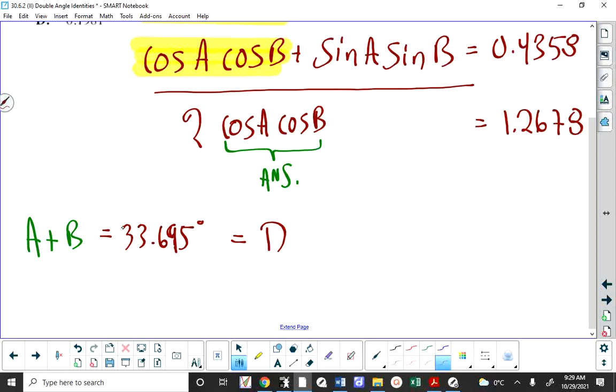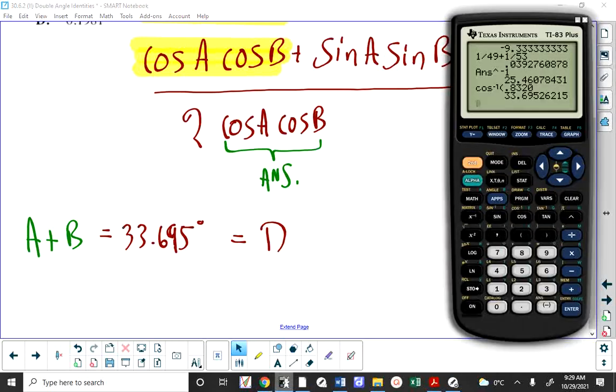I'm going to store it as D. The D doesn't stand for anything. It's just D. I just need to know which letter I've stored it as.